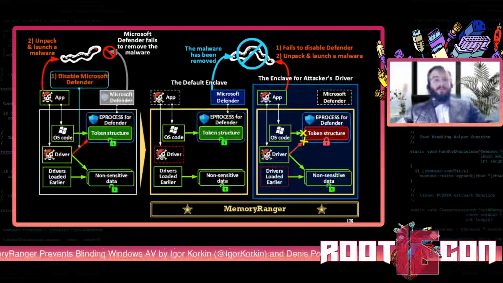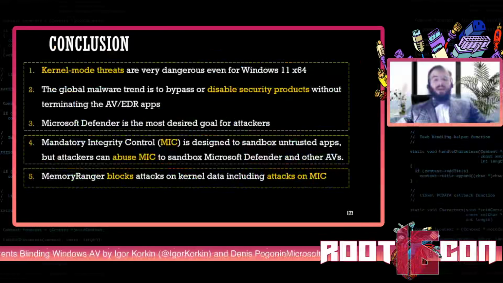Let me recap very briefly what we have discussed so far. First of all, driver-based attacks are crucial. Intruders are plotting to bypass endpoint security solutions, and their target number one is Microsoft Defender. Attackers can apply MIC and token privilege attacks against Microsoft Defender to isolate it.